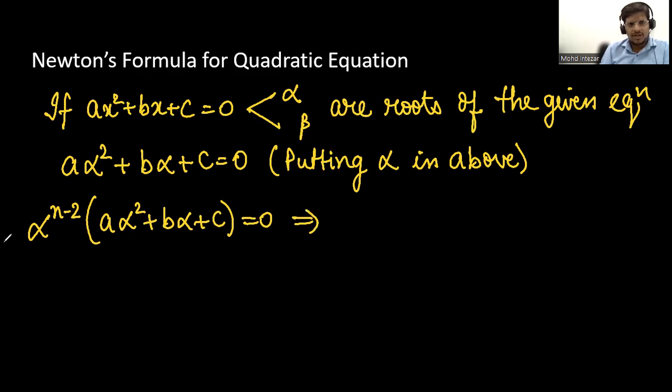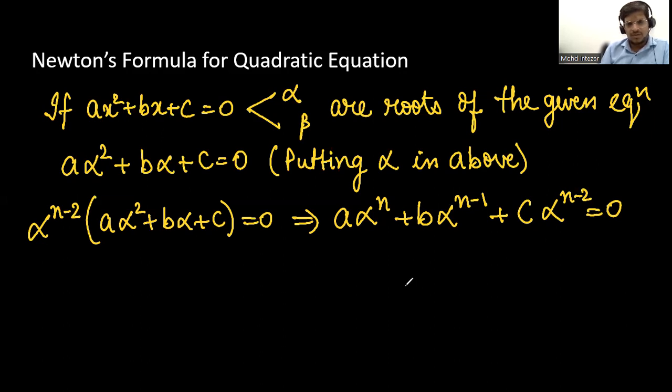So what we'll be getting is a alpha square into alpha power n minus 2, this is alpha to the power n, plus b alpha into alpha power n minus 2, this is b alpha to the power n minus 1, plus c alpha to the power n minus 2 equals 0.